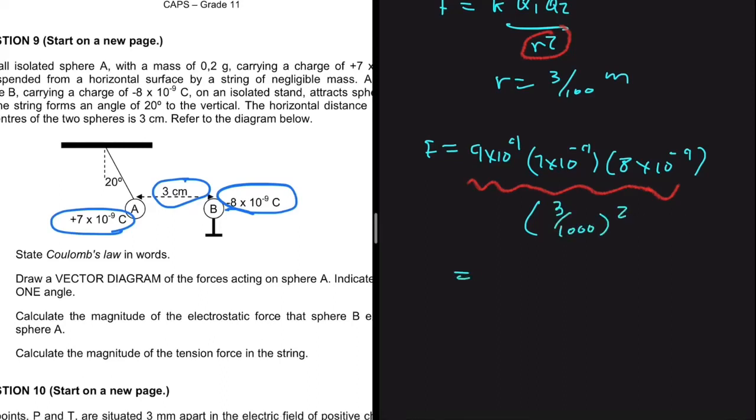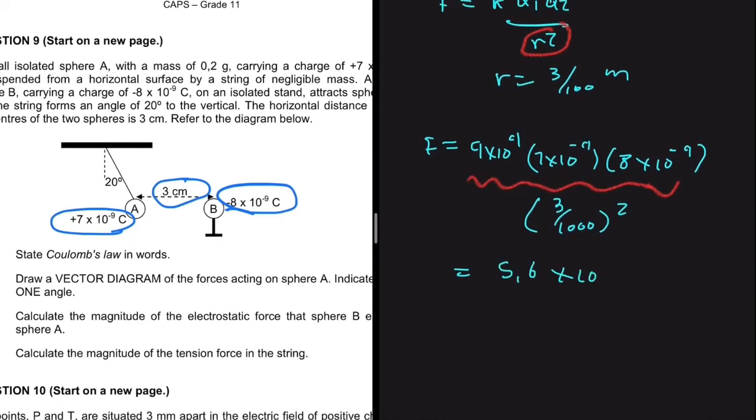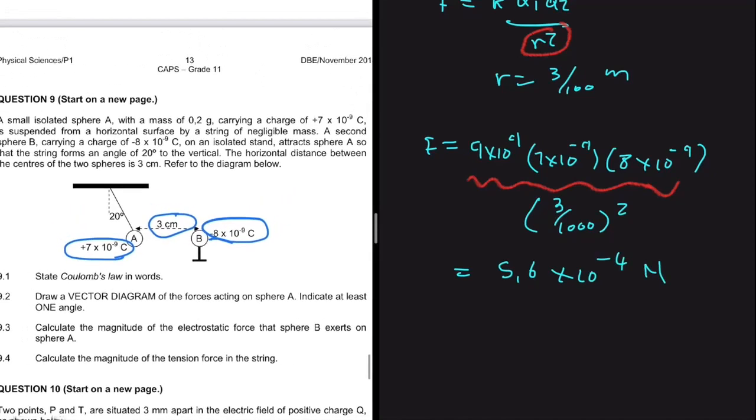If you punch that in your calculator, you should get 5.6 times 10 to the minus 4 newtons, and that's the magnitude of the electrostatic force that sphere B exerts on A. It's also the magnitude of the electrostatic force that A exerts on B.